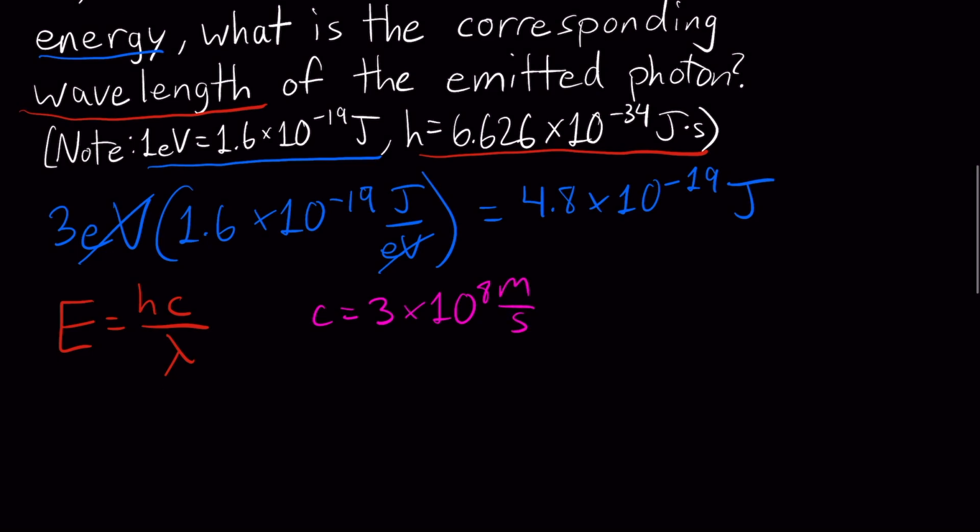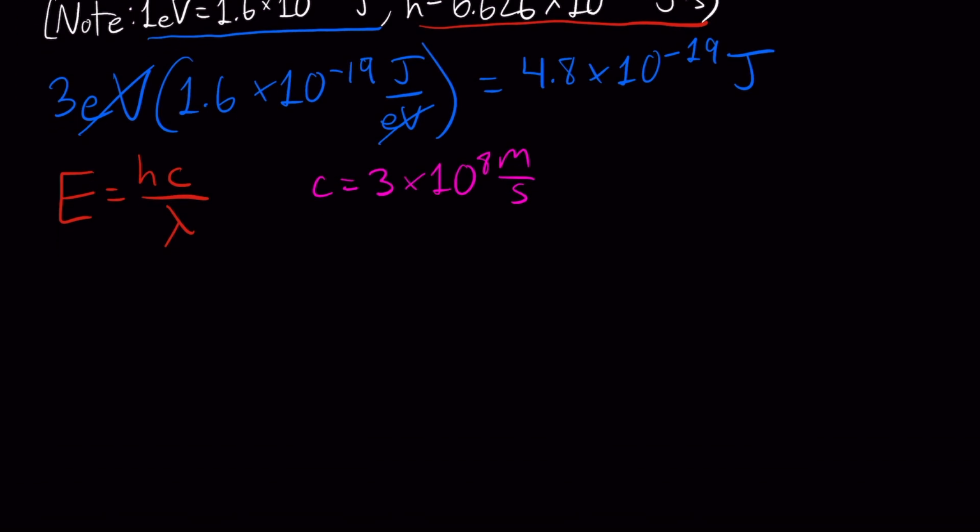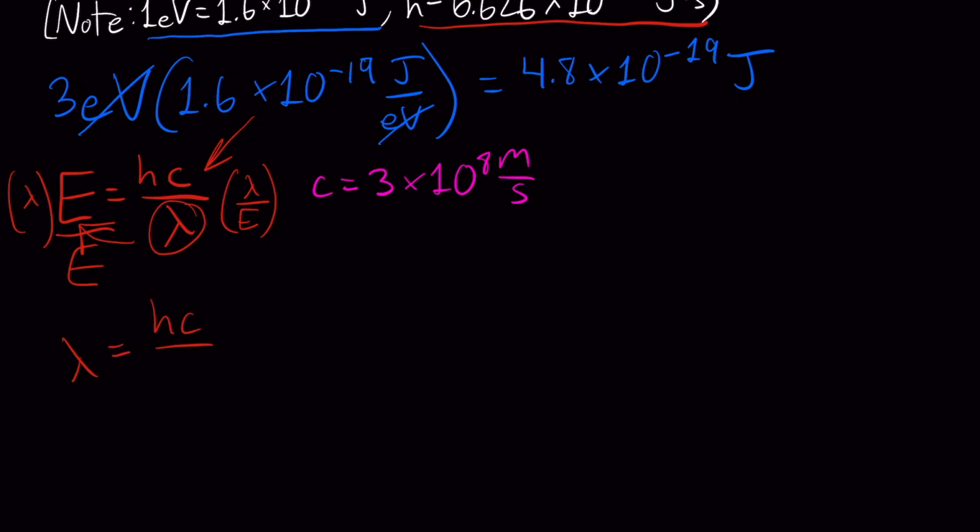Now, the next step is to rearrange this equation so that wavelength is on this side. If you multiply by wavelength on both sides, and you divide by E on both sides, you will get wavelength equals hc over E. Now you just plug in the values, right?